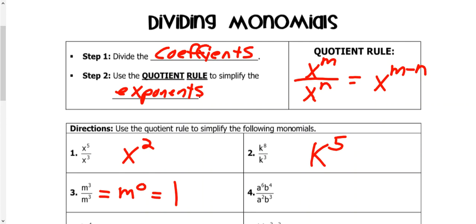For number 4, we can only do the a's together and the b's together. So a to the 6th divided by a to the 2nd gives us a to the 4th. And b to the 4th divided by b to the 3rd. 4 minus 3 is 1, so that's b to the 1 power, but we don't need to write the first power. We can just leave it as b.